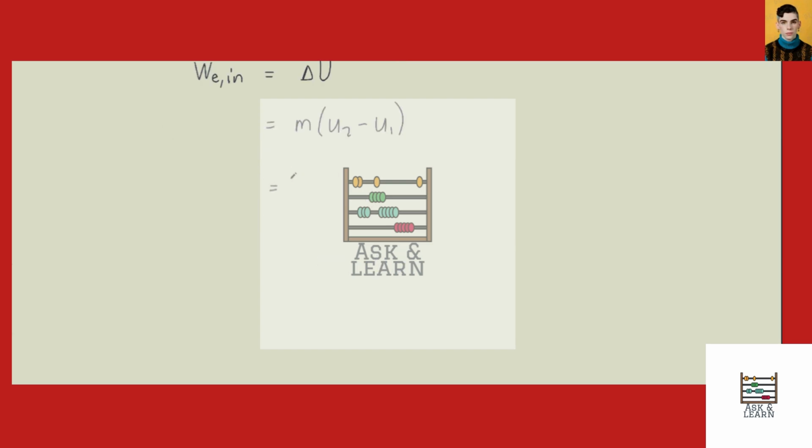So we can write this as M times the specific heat, C, multiplied by a change in temperature, T2 in the afternoon minus T1 in the morning.